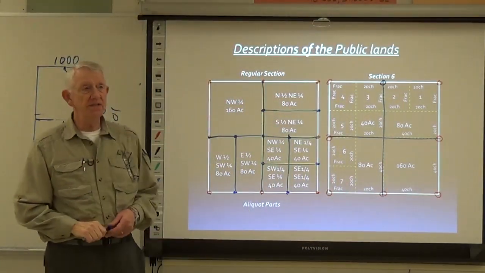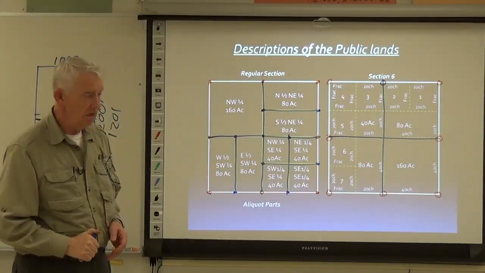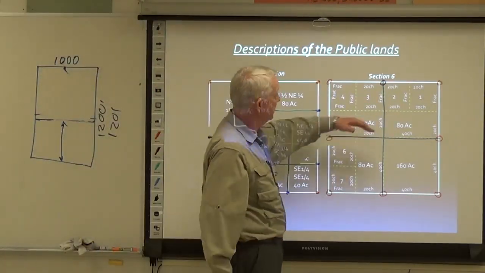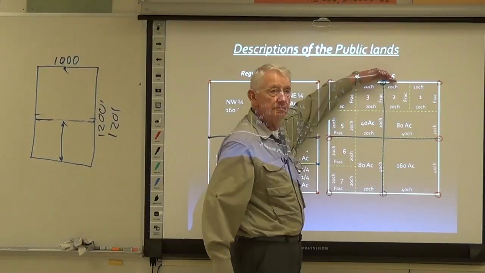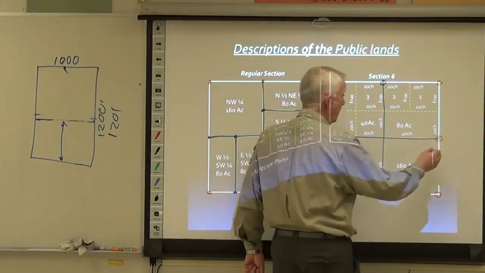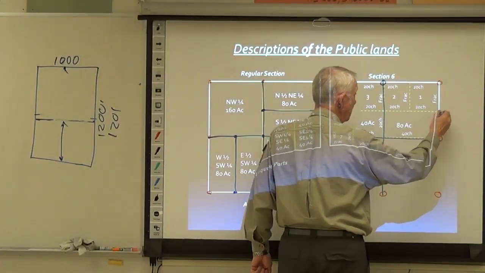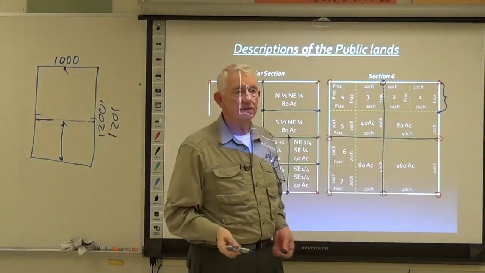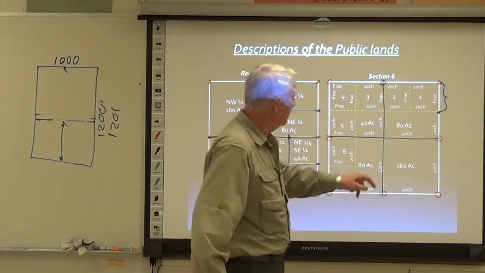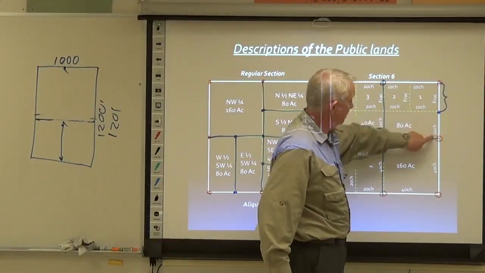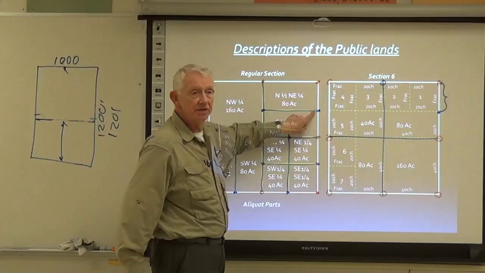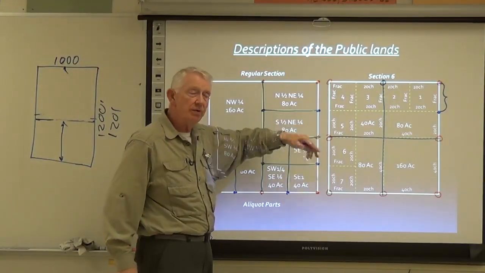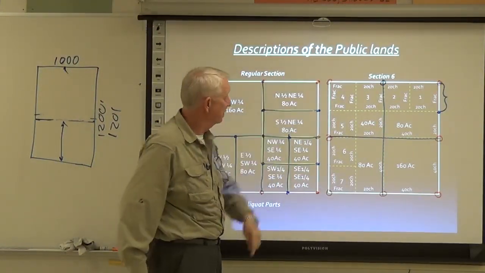But now, because this is section 6, we throw all of the area of the township into the last tier. So we would have to come up here 20 chains, and then this distance from here to here is whatever it is. This point is not equidistant between these 2 points like this one was, because this is section 6, and we've thrown the area into the north part.